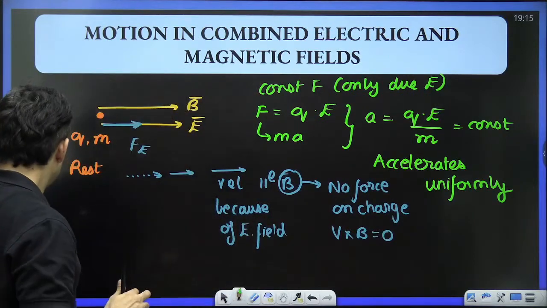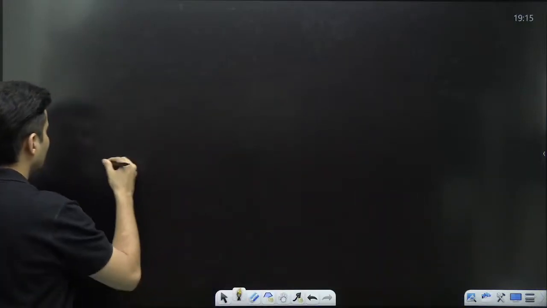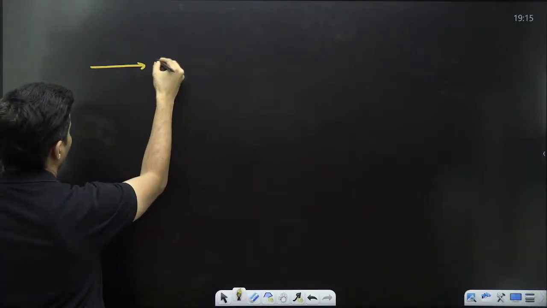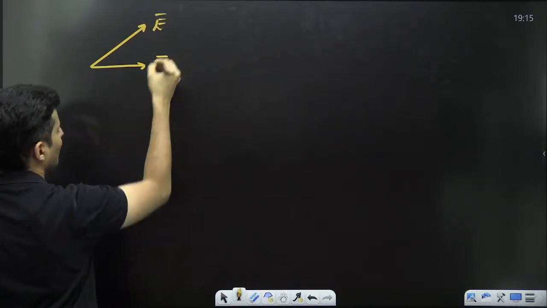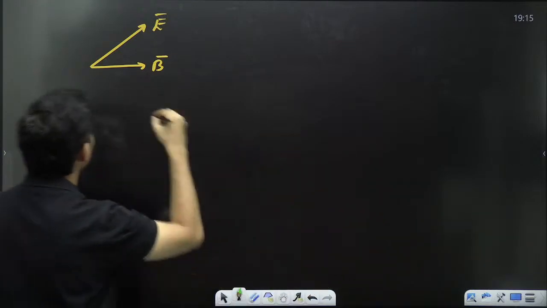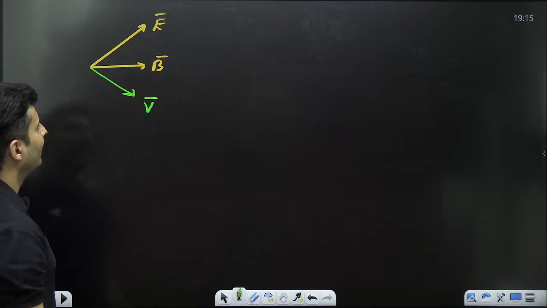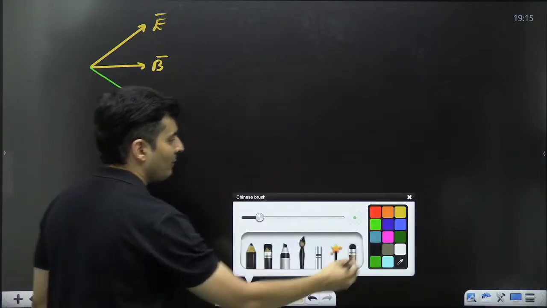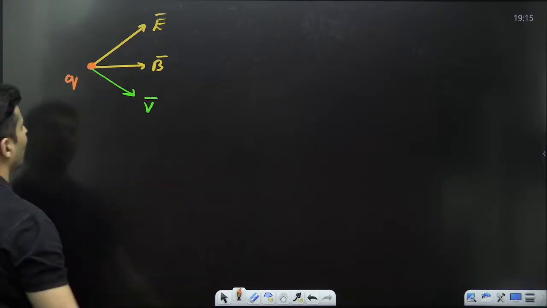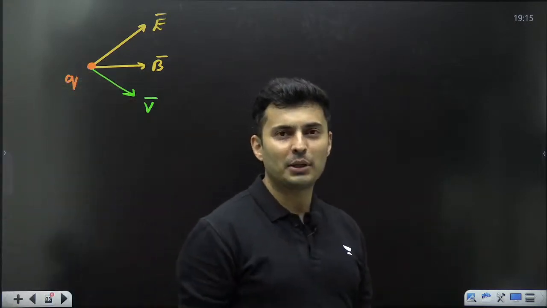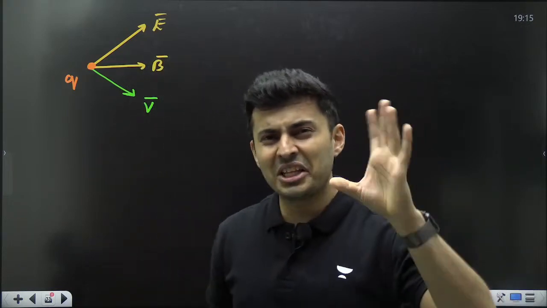Cool. Now what will happen if there is a magnetic field like this, maybe an electric field like this, and the velocity of the particle is in some weird direction? What do you think might happen for that particular charged particle? There will be both forces, because everything is at an angle.